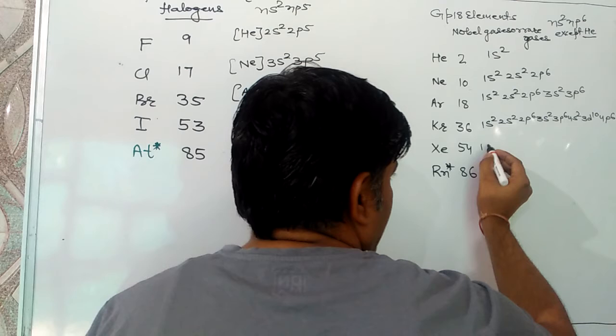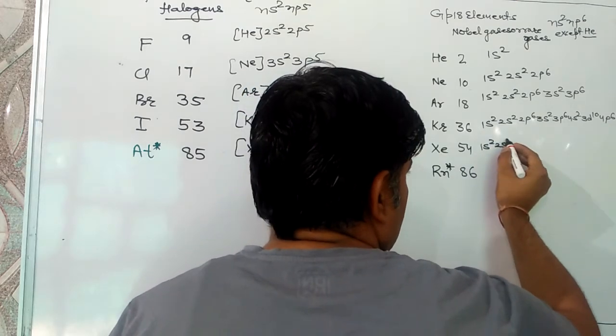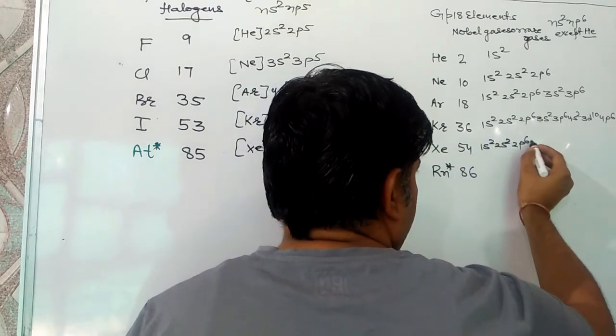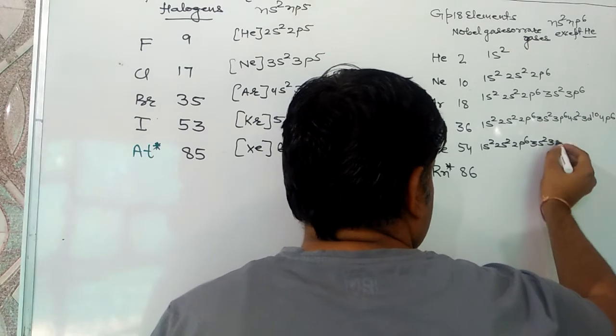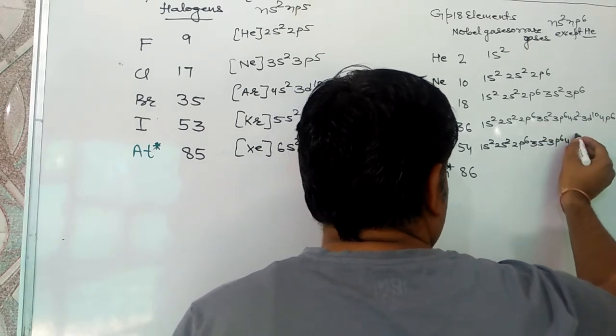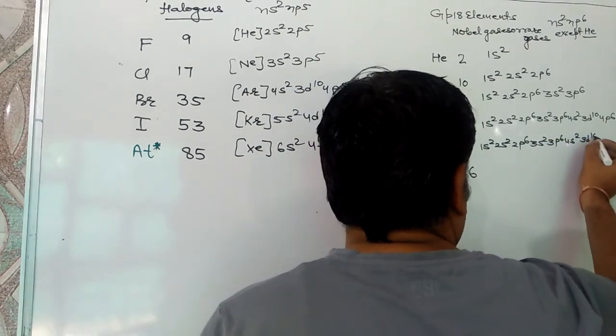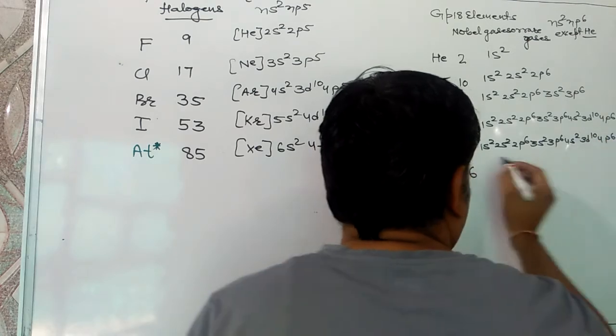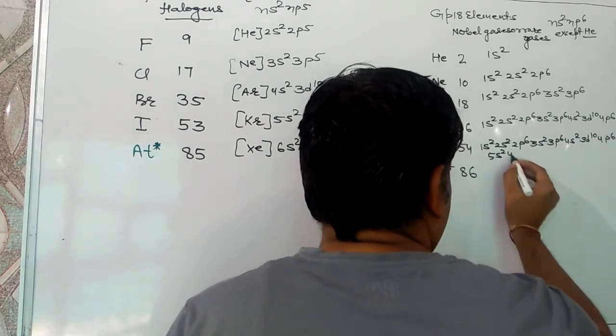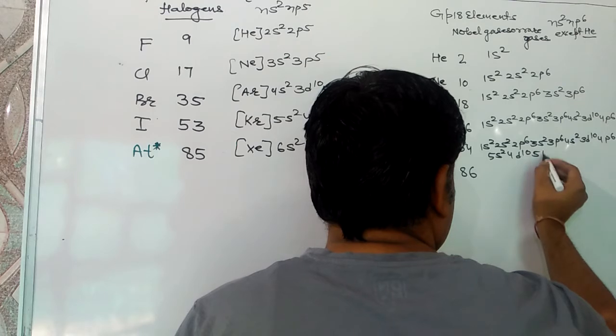For xenon, it will be 1s2, 2s2, 2p6, 3s2, 3p6, 4s2, 3d10, 4p6, 5s2, 4d10, 5p6.